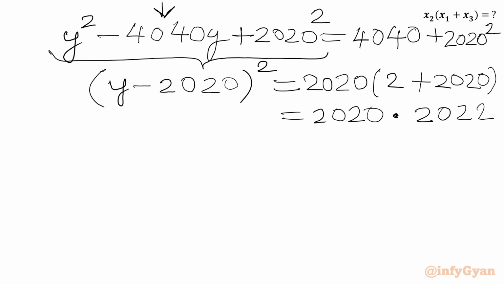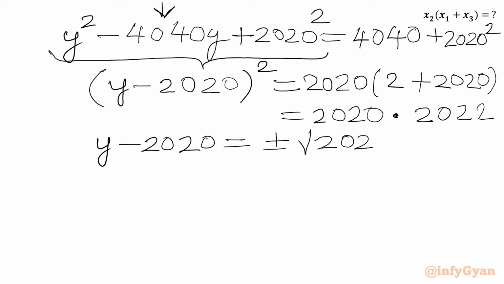Now we will take square root both sides. So we can write y minus 2020 will be equal to plus minus square root of 2020 times square root of 2022.